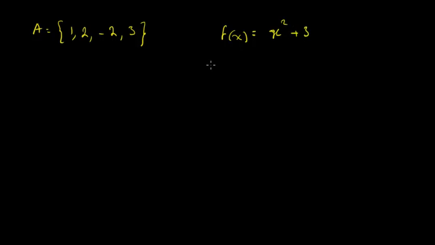So in order to write the ordered pairs for this function, we can put each of these arguments in the function. Let's say we put 1, and we'll have 1 to the second plus 3, which is 4. If we put 2 in the function, then we'll have 2 to the second power plus 3 equals 7.